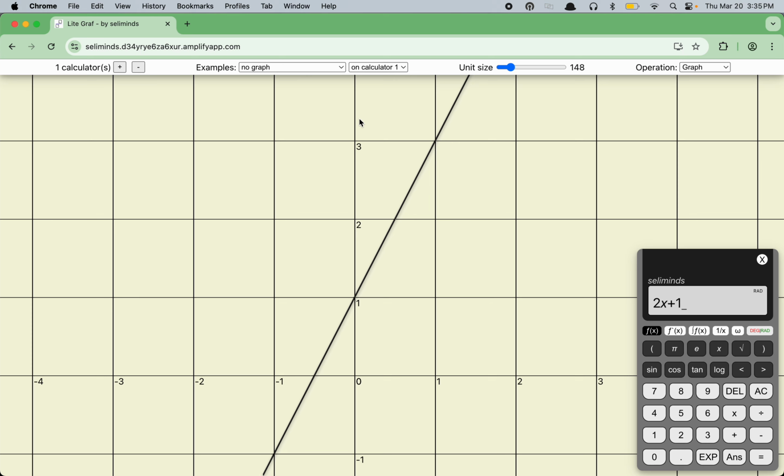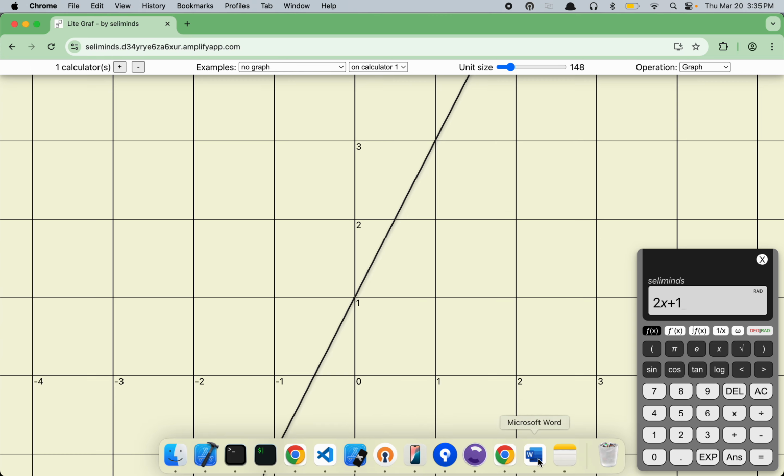So in this example, what point in the y-axis, this vertical line here, does this graph cross? It's very easy to see that that point is when y is equal to 1. So it crosses the y-axis at the point when y is equal to 1. So that's the y-intercept.